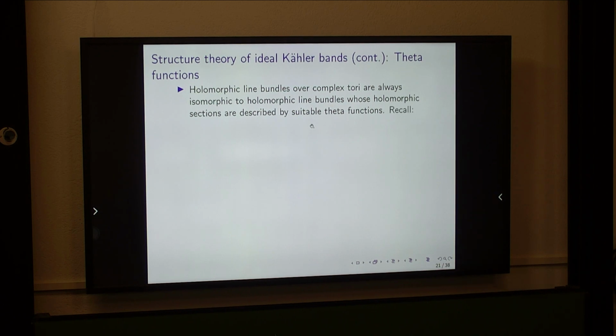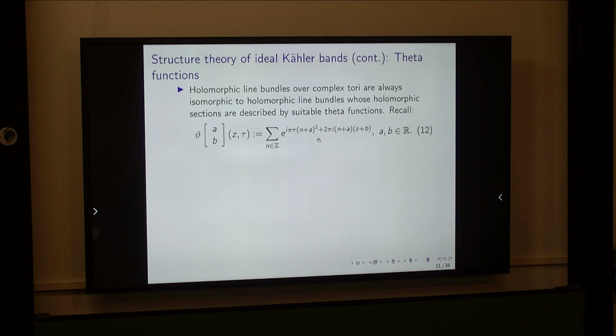So just a small reminder, these are theta functions. I learned a lot about this from Simeon's notes on theta functions. So this is the theta function with characteristics a and b, and it's given by this absolutely convergent sum.